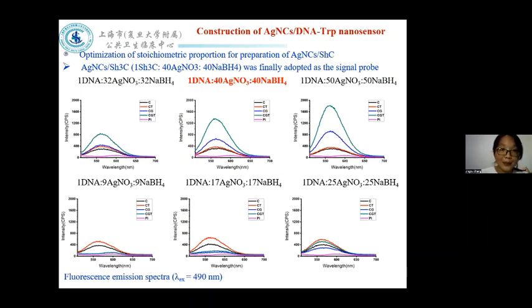Later, we optimized the stoichiometric proportion for preparation of templated silver nanoclusters, and we determined the ratio as 1 to 40 to 40 for the preparation of silver nanoclusters.